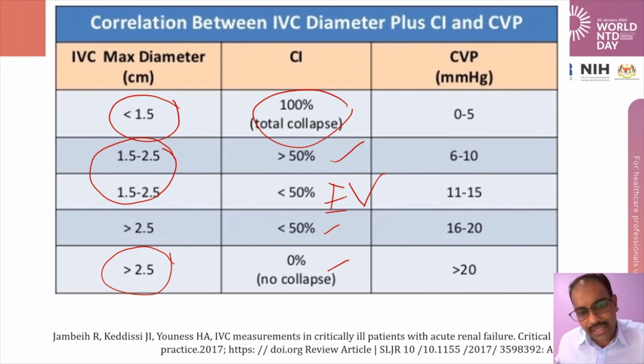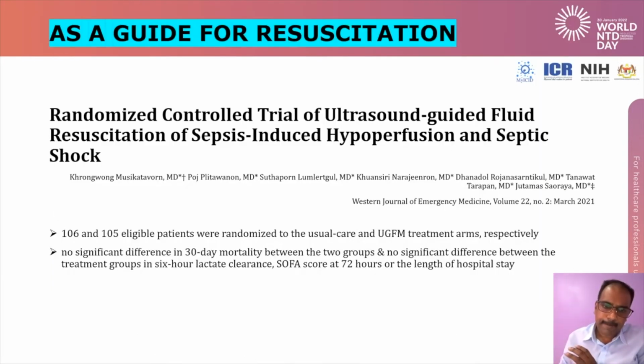So this scan and this measurement may assist us when deciding on fluid resuscitation, and will help us to decide how much fluids to be given and when to stop our fluid resuscitation.